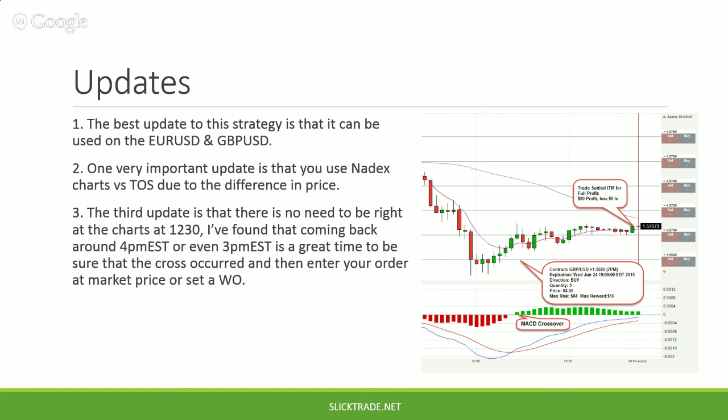Because there's very little movement, and because the strategy does get tested for the next few hours, just let it go. You can check the charts around 12:30 or so. If a cross has occurred, go ahead and check out prices, see if there's anything good. If there's not, go ahead and put in a working order, or just come back around like 4 p.m., or even 3 p.m.